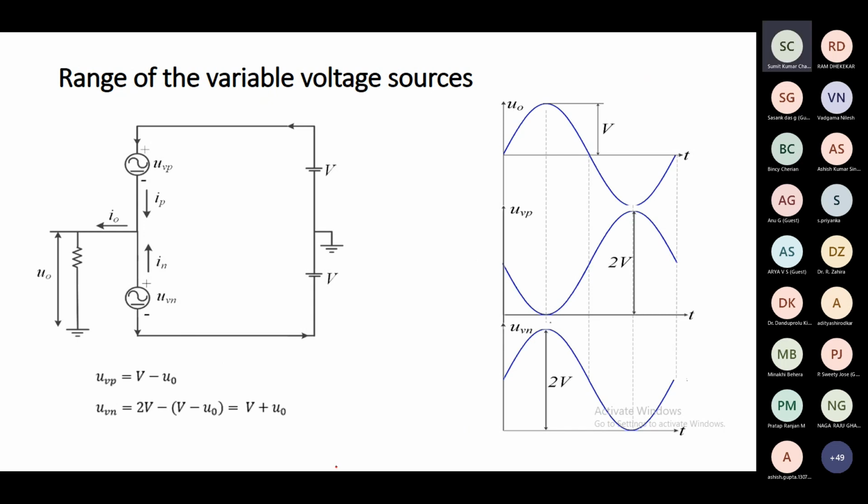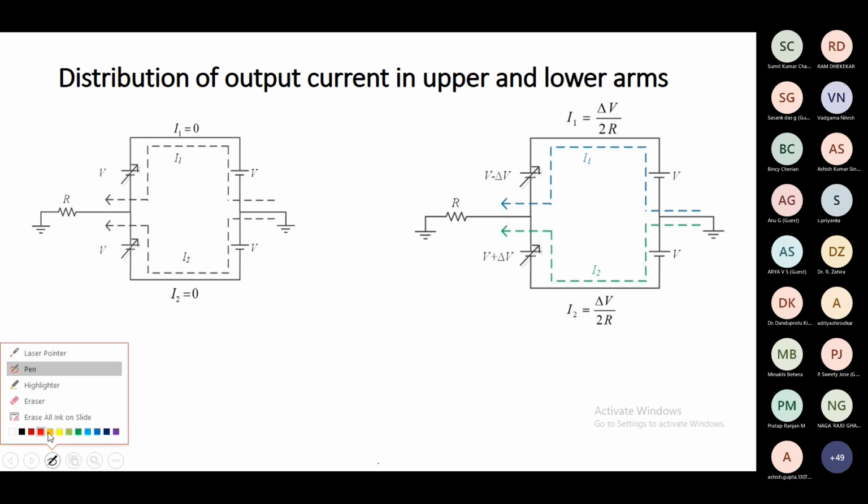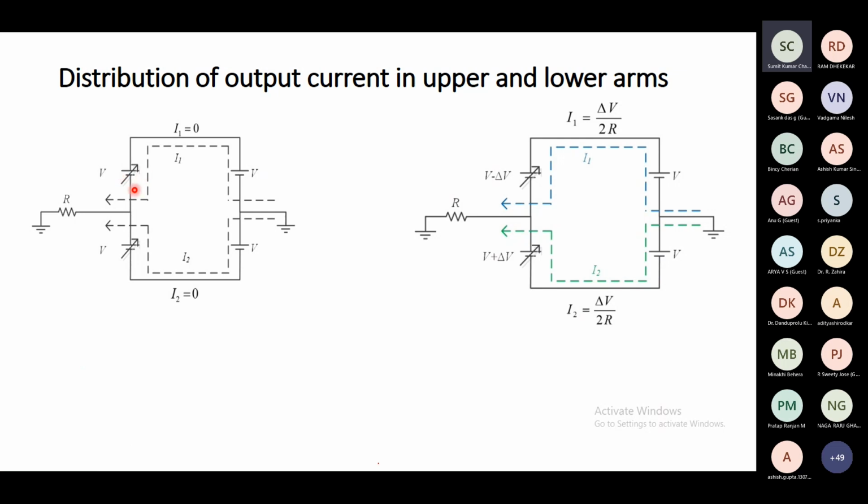So what should be the range of these variable voltage sources? As we are saying, this is the variable voltage source. This is the variable voltage source here, which is basically the arms acting as this variable voltage source.